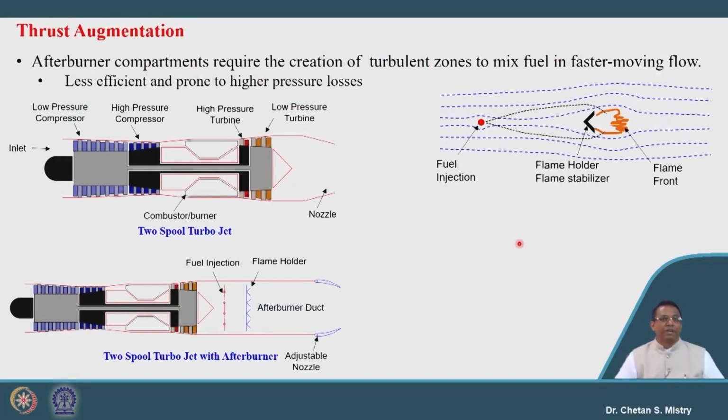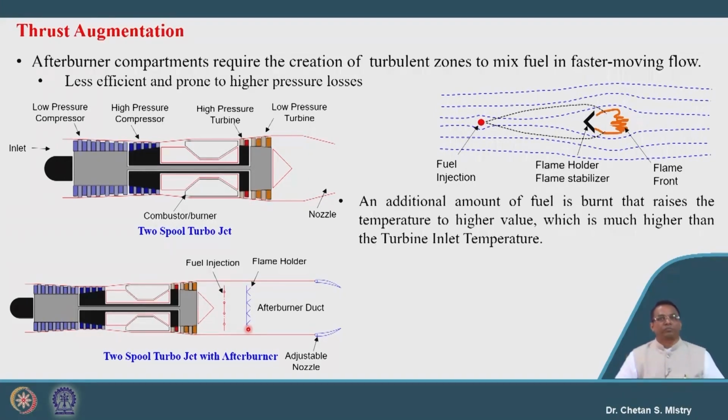Now what is happening? The flow coming out from the turbine will have a higher temperature, and those exhaust products will have a certain amount of oxygen present in them. So what we will do is inject our fuel at some location, and by burning this fuel we will be able to increase the temperature, we will be able to add the energy.